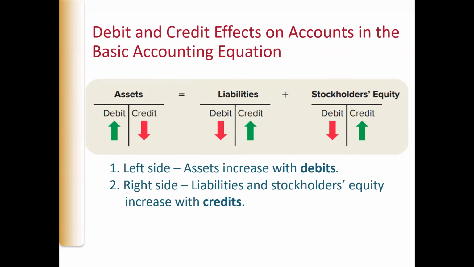So guys, this is important for you to have written down when you do homework, when you do quizzes, when you do anything. This accounting equation that shows assets equal liabilities plus stockholders' equity. Assets you debit, put on debit on the left-hand side to increase. Assets you credit to decrease.